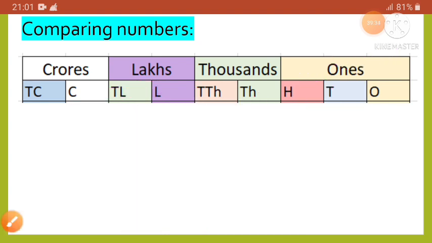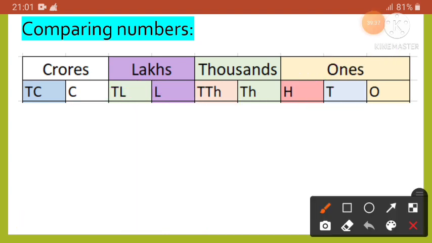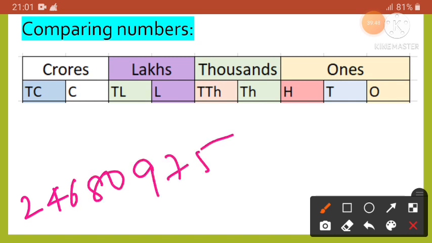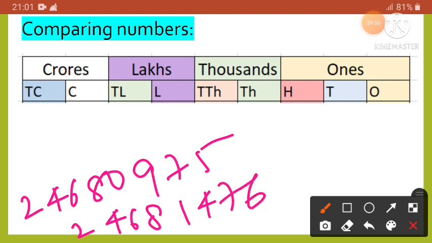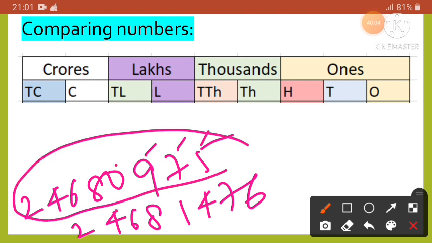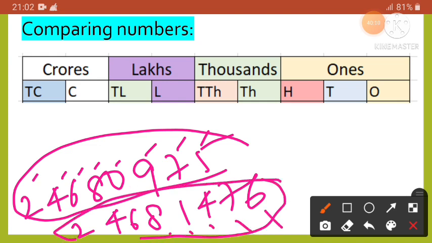But if both numbers have the same number of digits, suppose we take 24680,975 and another number 24681,476, how can we compare them? Here we have 8 digits, and in this number also 8 digits. Both are 8-digit numbers.